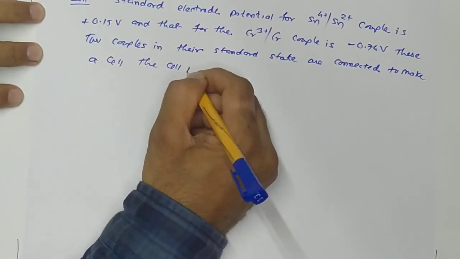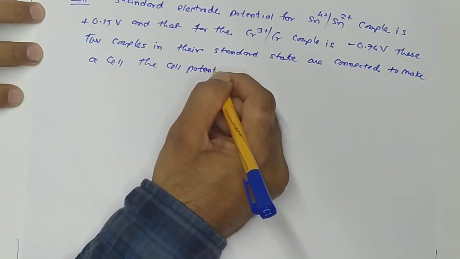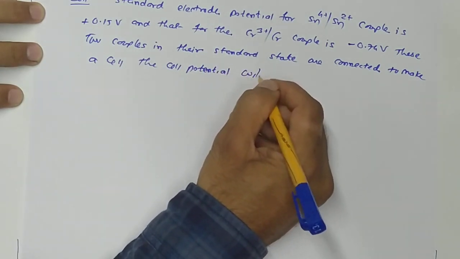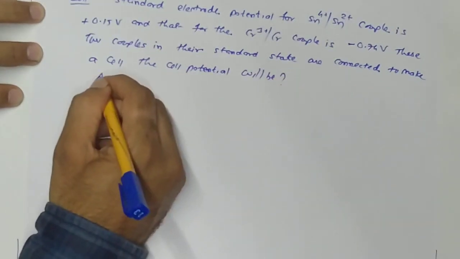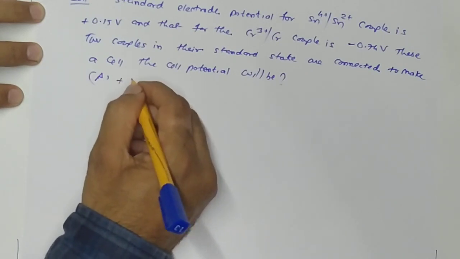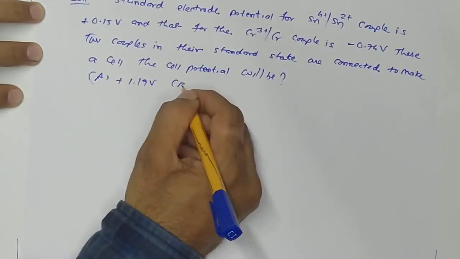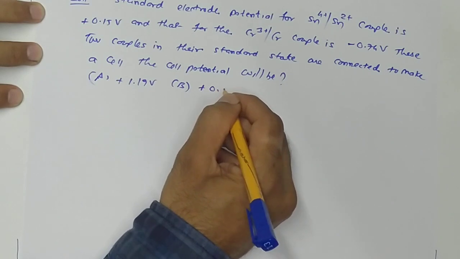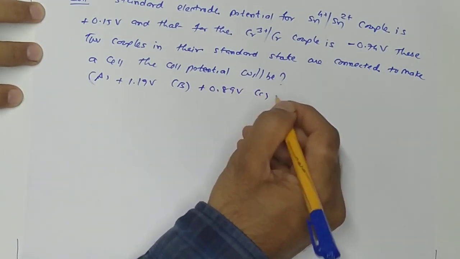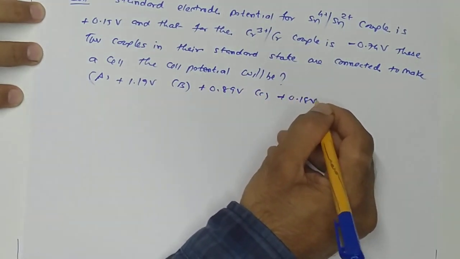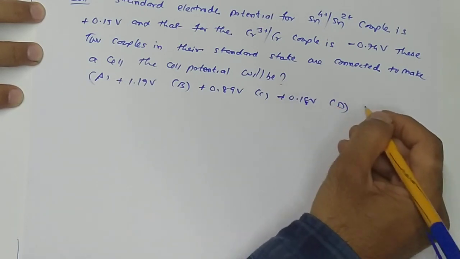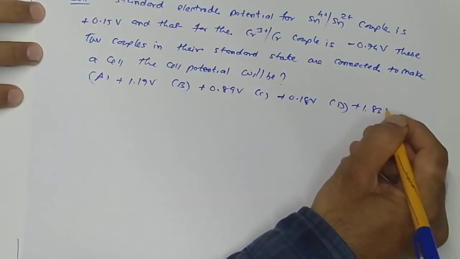The cell potential will be: A plus 1.19 volt, B plus 0.89 volt, C plus 0.18 volt, and D plus 1.83 volt.